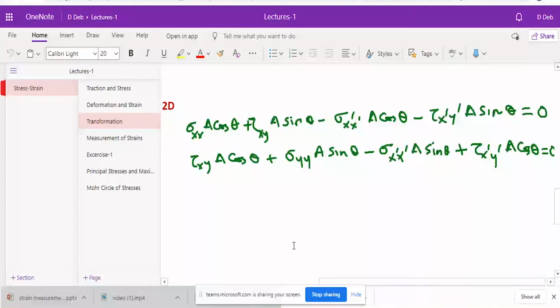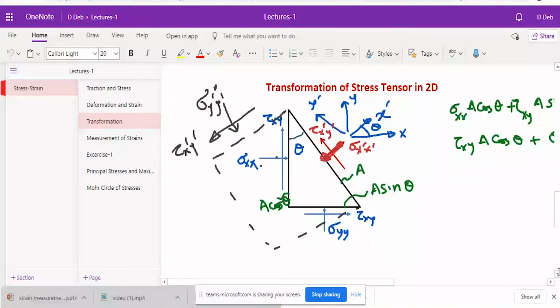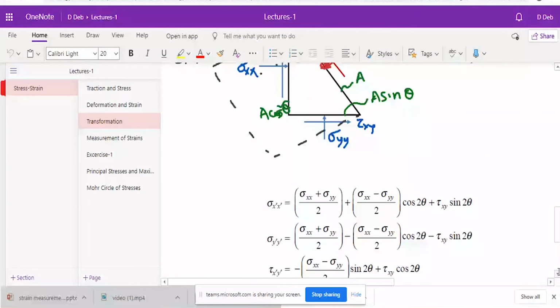And here there are two unknowns, sigma x dash and tau x dash y dash. And we can very easily solve this. When we solve, we will get something like this equation. These are the three equations we will directly get.